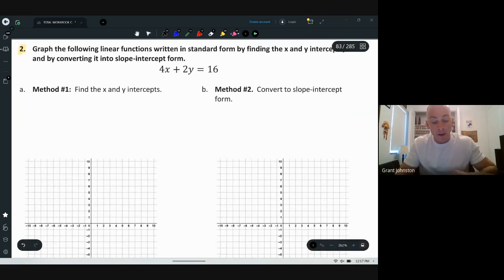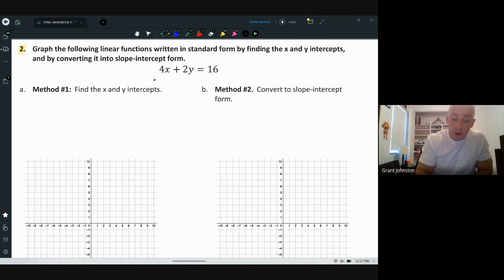So method 1, find the x and y intercept. So here's our equation up here. If we want to find both the x and y intercept, I'm going to label x-intercept. I'm going to do that one first. So to find the x-intercept, you plug in 0 for y.